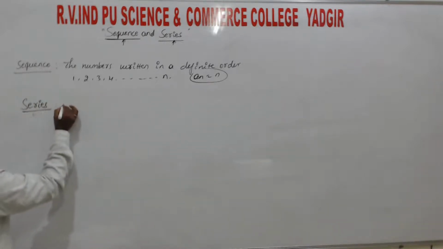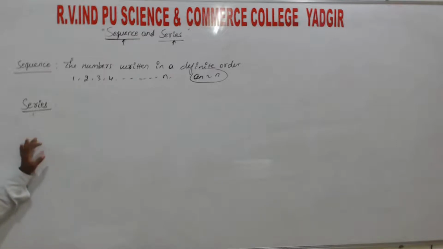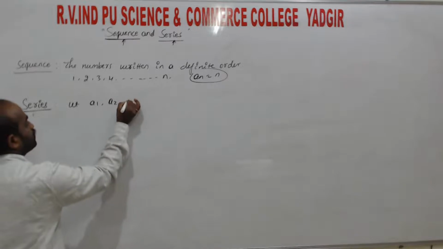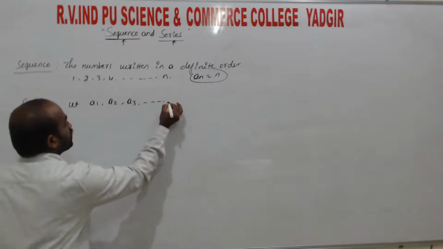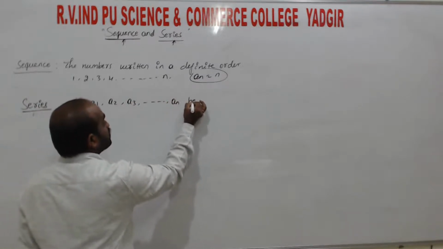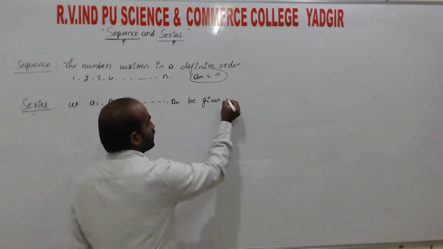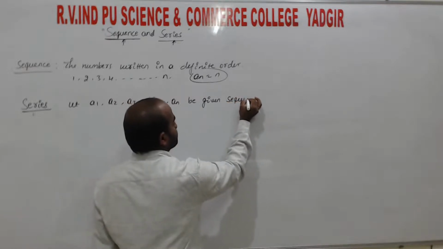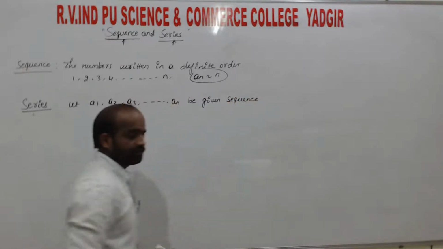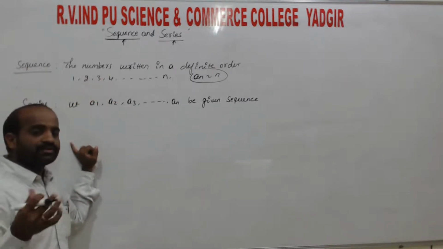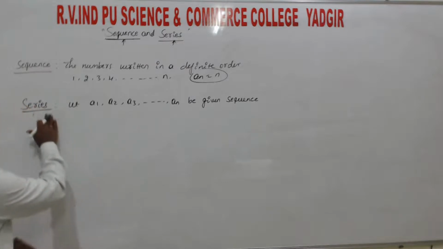We take A1, A2, A3 and so on, AN, to be a given sequence.